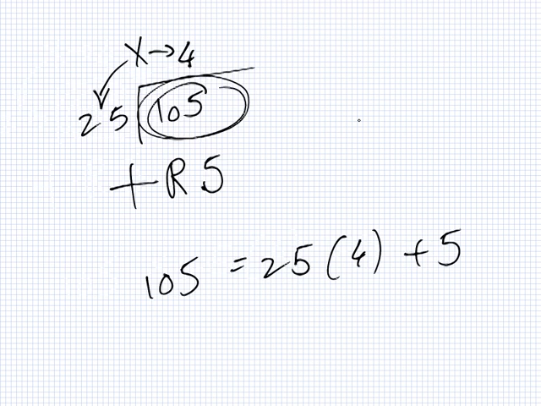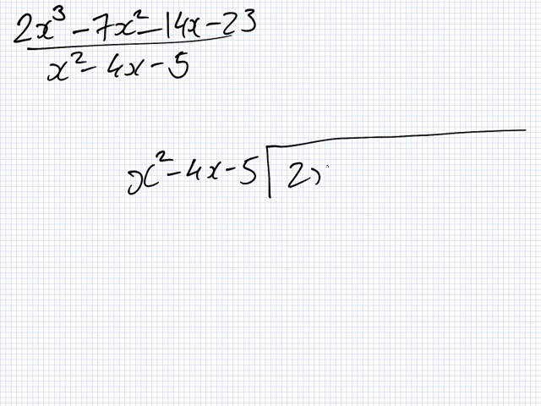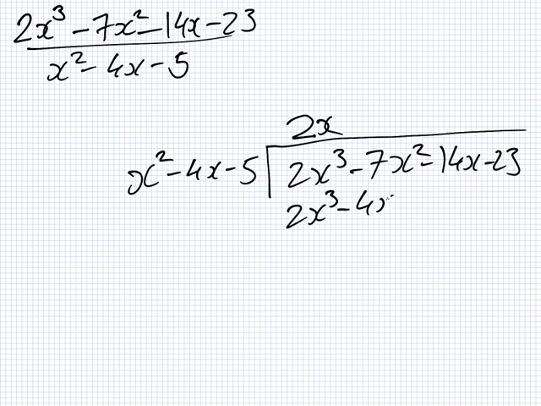You can do the exact same thing here with a long division. Let's see what happens. x squared minus 4x minus 5 divided into the cubic here. This will not take long. What do I have first? 2x. 2x cubed minus 8x squared minus 10x.